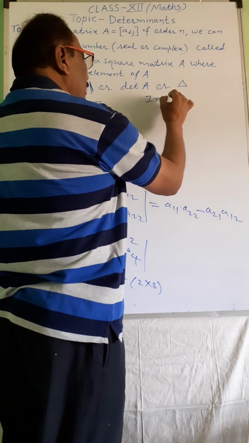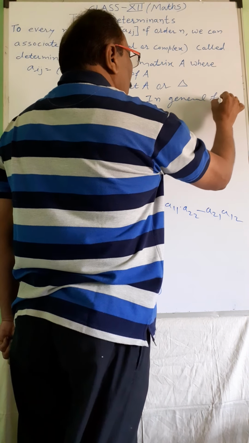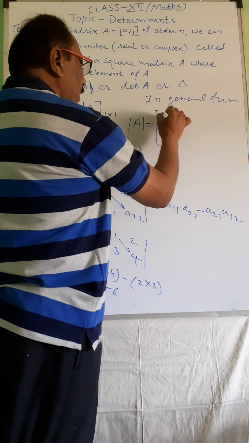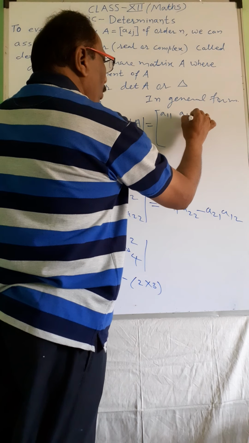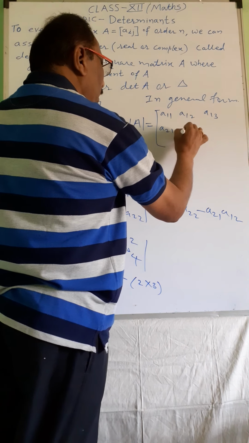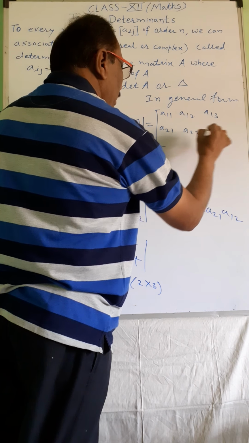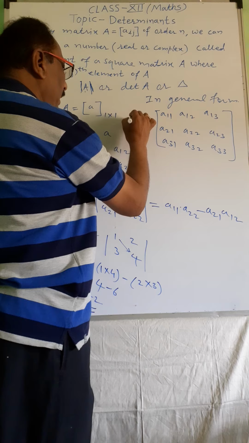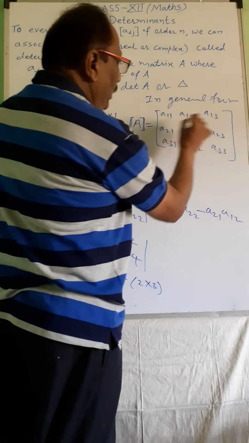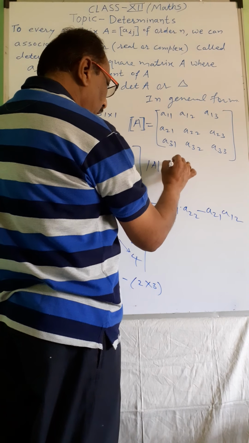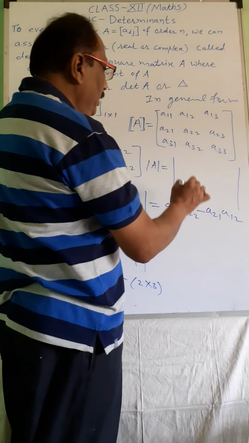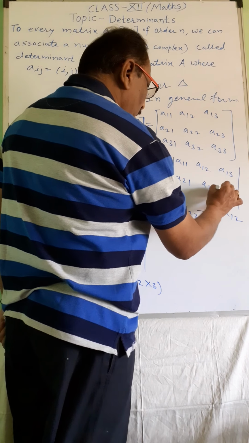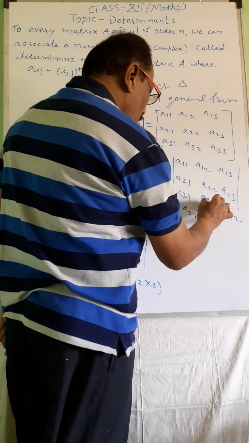It is A11, A12, A13, A21, A22, A23, A31, A32, A33. Suppose this is matrix A. Then the determinant of A is written as a 3 by 3 determinant with these elements.